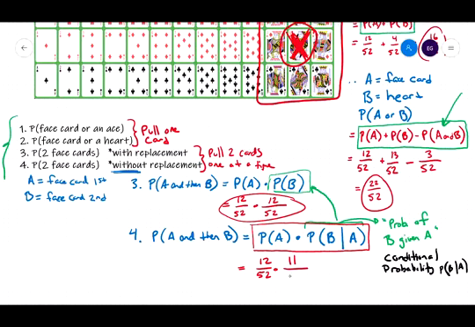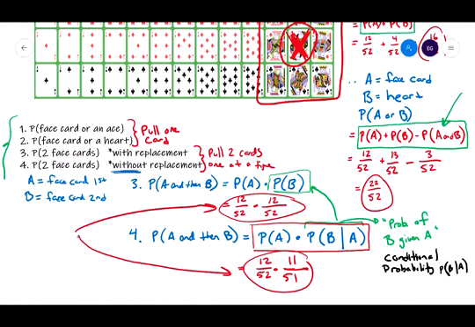And since we took one out, there are 51 cards left. So notice the difference. With conditional probability or with dependent events, all that means is that at each step in the sequence, you have to update your numbers. You have to update your counting. Because remember, the essence of probability is counting. And if your events in a sequence are dependent, that means the numbers change.